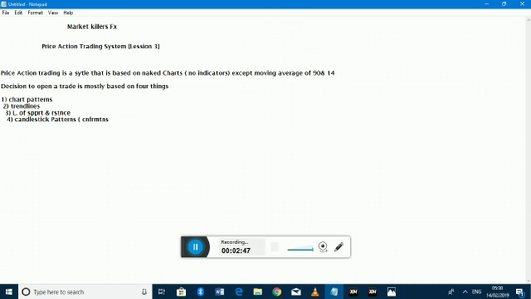You should also be able to determine uptrend, downtrend, and consolidation of the currency pairs.